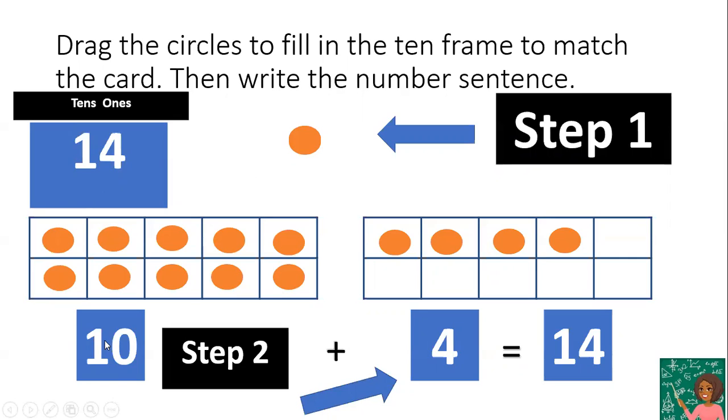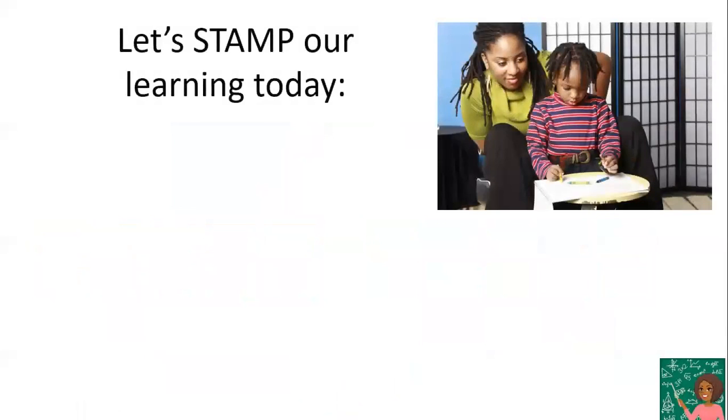In my number sentence, 1 ten values 10, 4 ones values 4. 10 plus 4 is 14. So knowing how many groups of 10s you have and how many leftover 1s you have, you can find the total. Great job, guys.